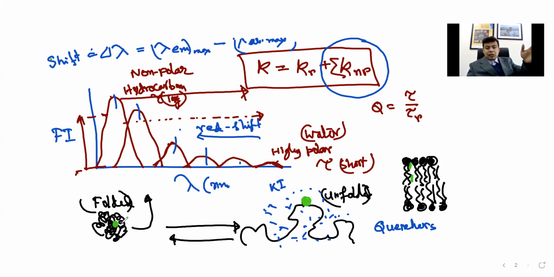Wherever water traverses, iodide also traverses, right? So iodide cannot access the fluorophore if water doesn't go into the hydrophobic pocket of this protein. Therefore, by looking at fluorescence quenching efficiency as well, you will be able to make some quantitative, very dynamic assessment, which I'm going to talk about tomorrow and also next week.